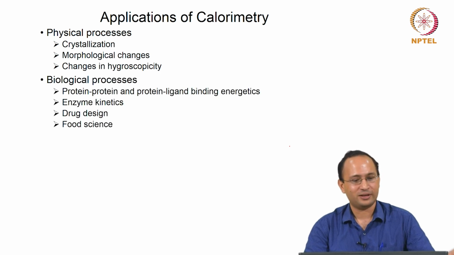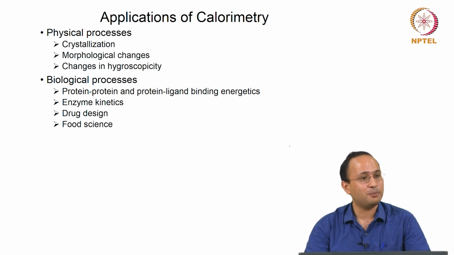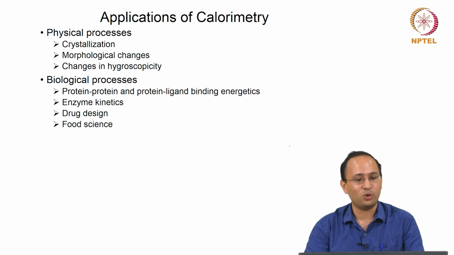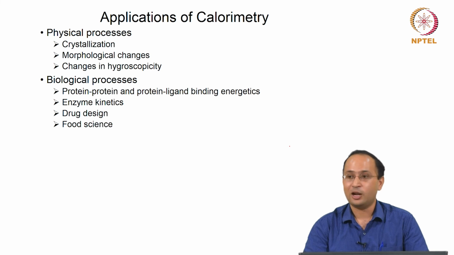We have not talked about biological processes, for example. It can also be used to study biological processes, as long as there is a heat signal. The idea is to see the application of calorimetry in various different fields. It is very commonly used to study protein and protein-ligand binding energetics, very important in the pharmaceutical industry. Biological systems evolve and are maintained in accord with the laws of chemistry and physics.